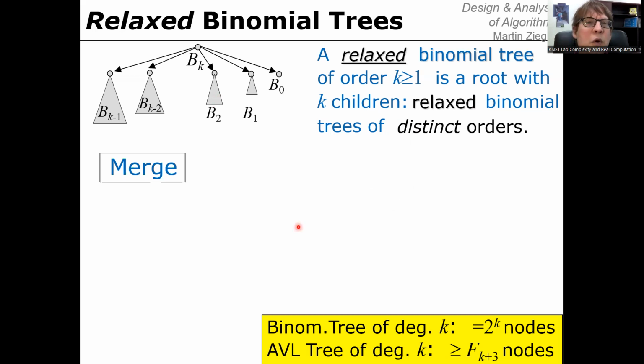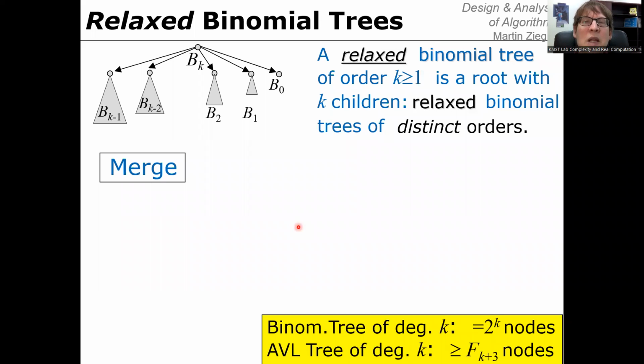And the operation supported by a binomial tree is merging two binomial trees of the same order. Same for merging two relaxed binomial trees of the same order. But a relaxed binomial tree also supports the operation of pruning, cutting off one subtree. But this operation can be applied only once.